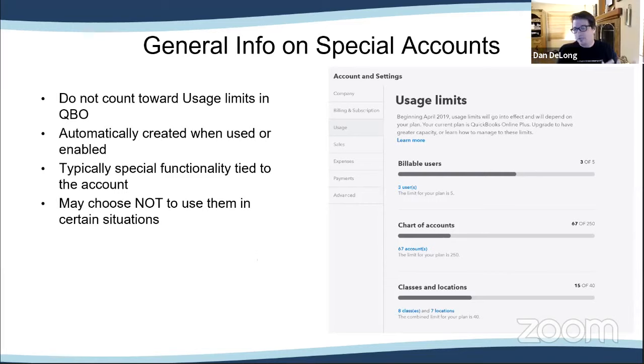So oftentimes their workflows, or what makes sense to them to do inside QuickBooks, avoids these special accounts, and then either makes more work for you, breaks the connection, or gives them improper reporting. Those are the pitfalls we're going to talk about today, and how to avoid them. And my cat decided to join us.